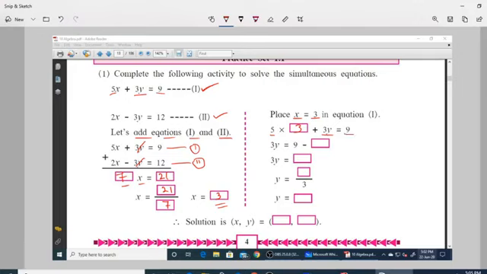Now keeping 3y in its place, observe this equation: 3y in its place, this 9 in its place, and 5 3s are 15 on the left hand side. When I bring this 15 to the right hand side from the left hand side, it becomes minus 15.